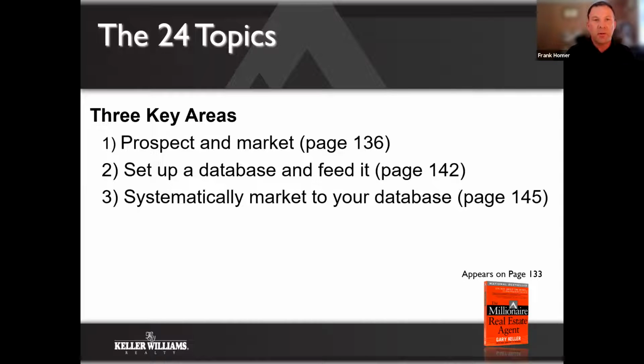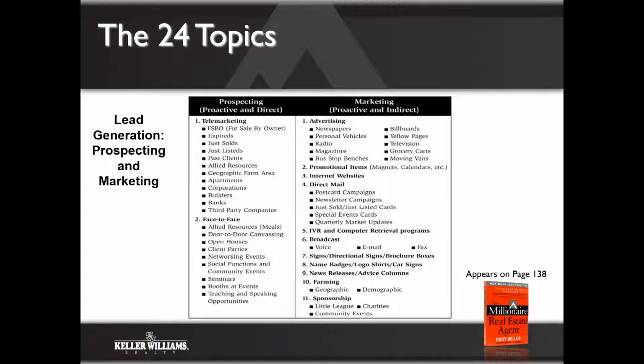But starting on page 133, I love this table on page 138. It breaks down the two activities of prospecting and marketing. Notice that they're both proactive activities. One's direct and one's indirect. What's really interesting to me is that there are really only two main prospecting methods, telemarketing and face-to-face.